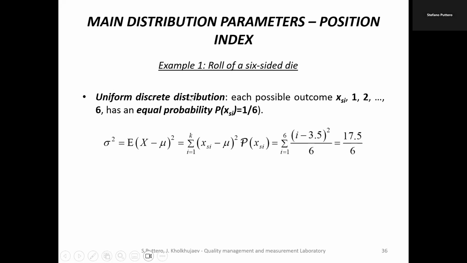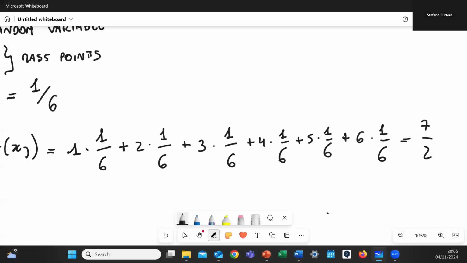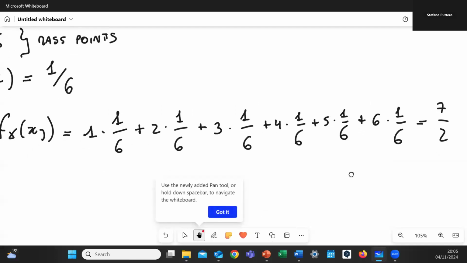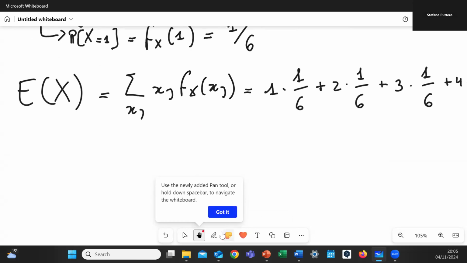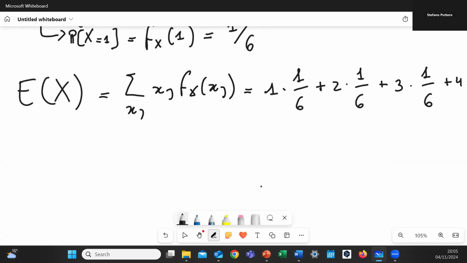Let me open the whiteboard. So in this case, we can solve together. But of course, we will see also this concept during the exercise, so the practical lecture.